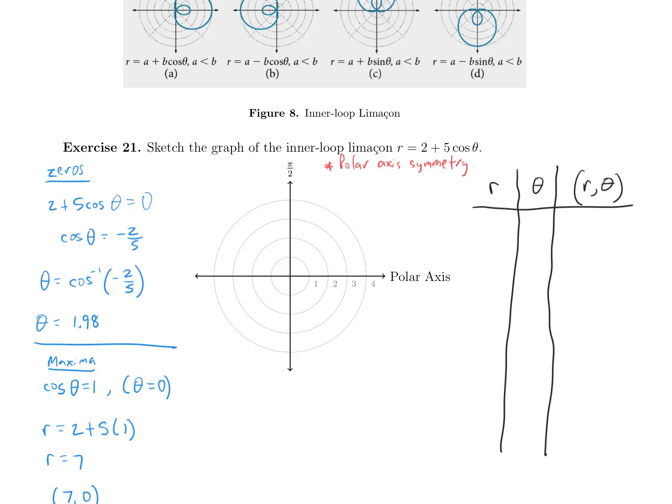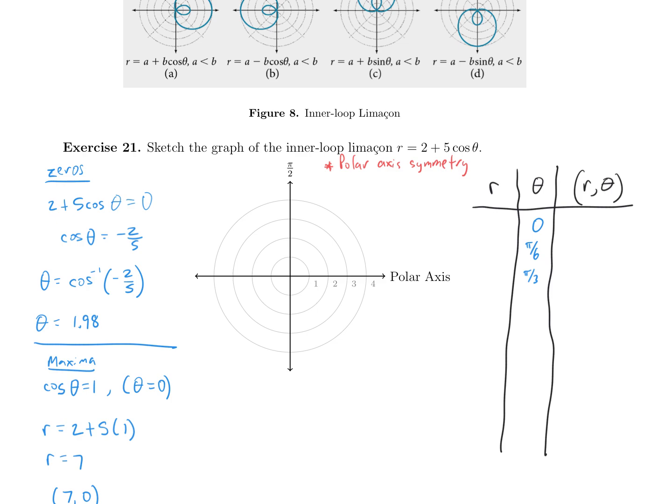Okay, so I'm going to select some values for theta. That's how you should start. So let's always start with 0, and then we can increase theta gradually. This time I'm going to go with some extra values: pi over 6, pi over 3. The amount of values that you want to plot is entirely up to you, so that you can get a more accurate graph.